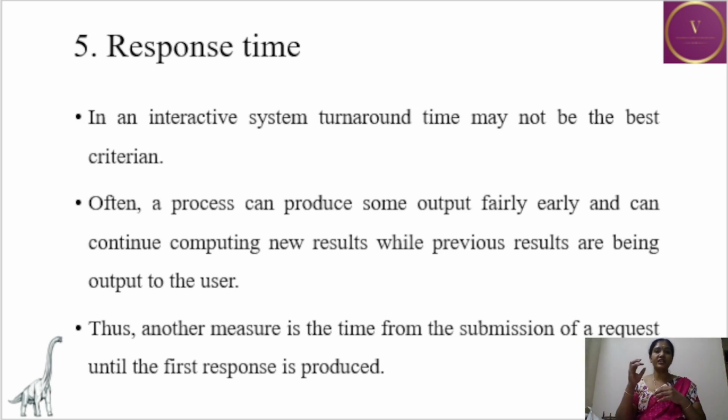So here we are using the response time, that is, once the request is placed, how long the scheduler takes to respond. That is the time between the request and the first response to that request. That is what is called response time.